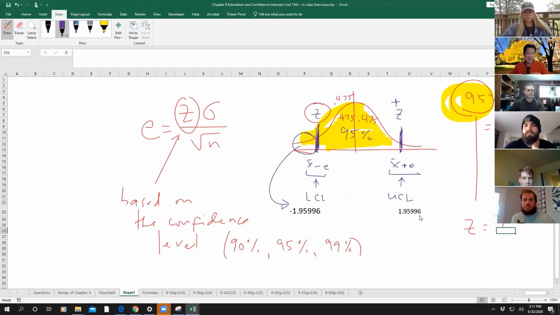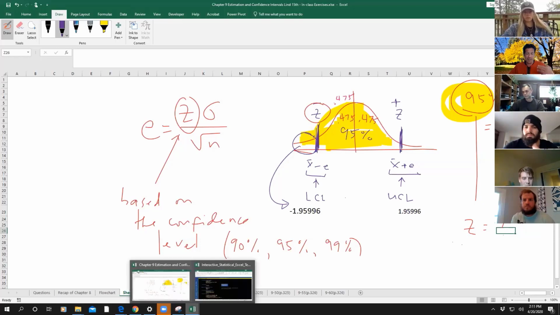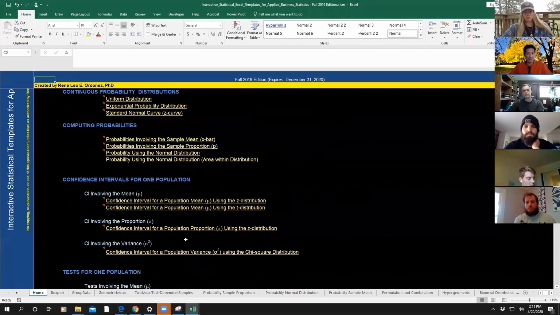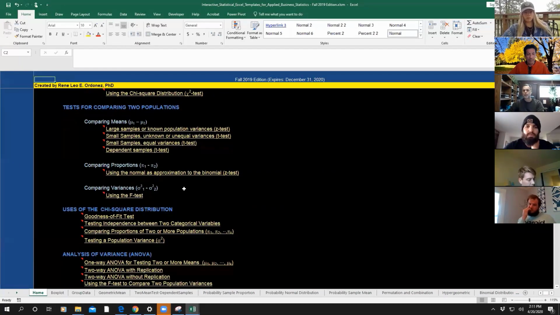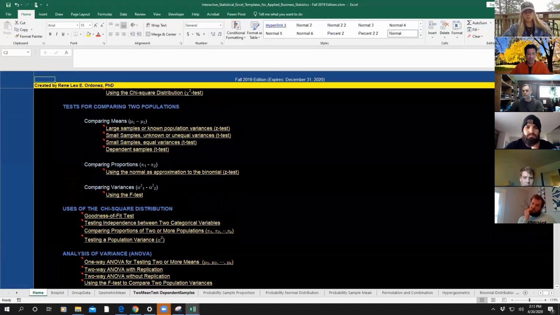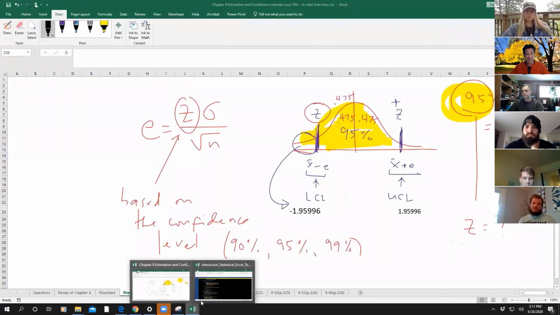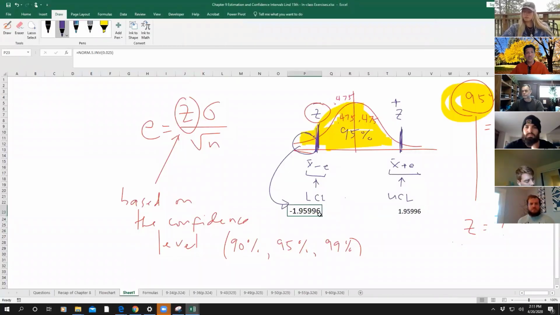Or you can use this table here down at the bottom. But then you'll be doing some estimation. So it's probably best if you just know how to use the function to convert an area in the distribution into a z-score. Okay, thank you.